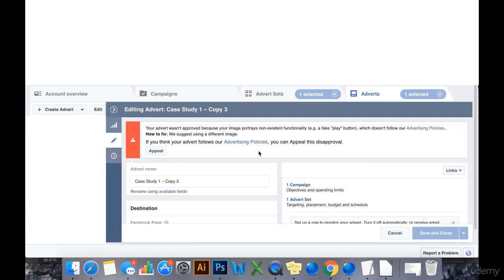This is really annoying because now that the ad set has stopped running, it's lost its optimization, and if I start running it again, it perhaps won't perform as well as it was doing before. Luckily, these disapprovals are only in one of the case studies, this second case study.